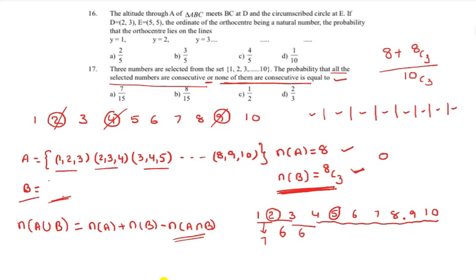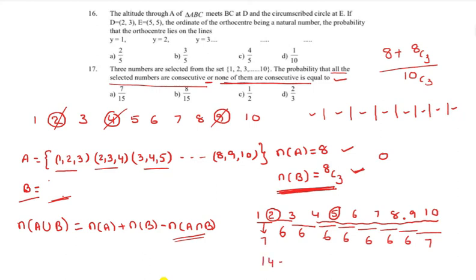In case of 3, 4 we have 6 options. In case of 4, 5 also 6 options, 5, 6 also 6, 6, 7 also 6, 7, 8 also 6, 8, 9 also 6 options. But in case of 9, 10 again we have 7 options, right?